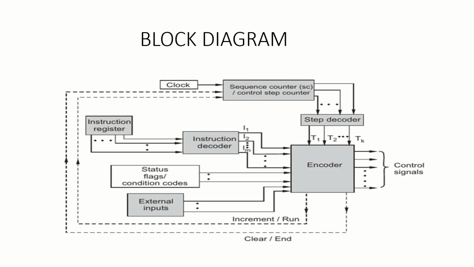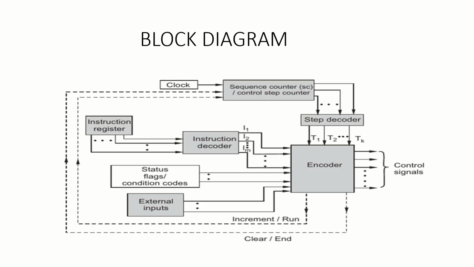The sequence counter generates timing states like T1, T2, T3, and the instruction decoder decodes the instruction. Then the encoder generates the final control signal based on the timing and the instruction. So the control signal depends on the timing signal, plus the instruction decoder output, plus the status flags.